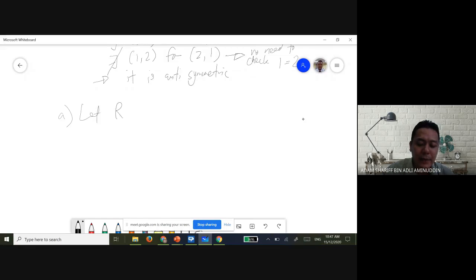Let R be defined as ordered pairs such that A larger than or equal to B. Ni biasa saya tanya. Okay. Saya define A adalah Z kali Z. A less than B. Or A larger than B tadi.